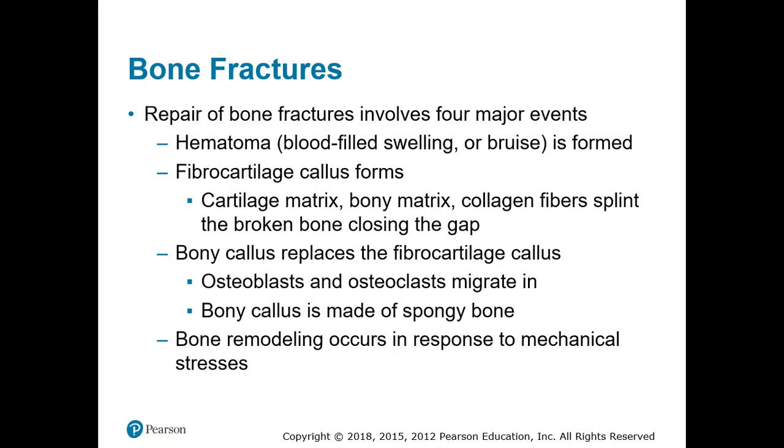So once we get that fibrocartilage model, this bony matrix is going to come in and replace that fibrocartilage. And this is done through the use of osteoblasts and osteoclasts. If hopefully we remember from our last lesson, and if not, we'll go over it. Osteoblasts are bone forming cells, and osteoclasts are bone destroying cells. Again, they're going to create this bony callus.